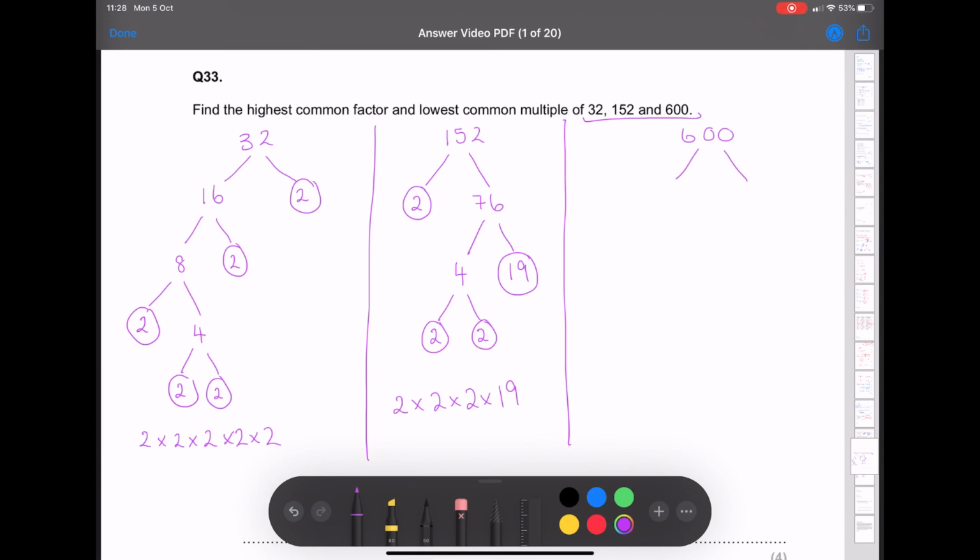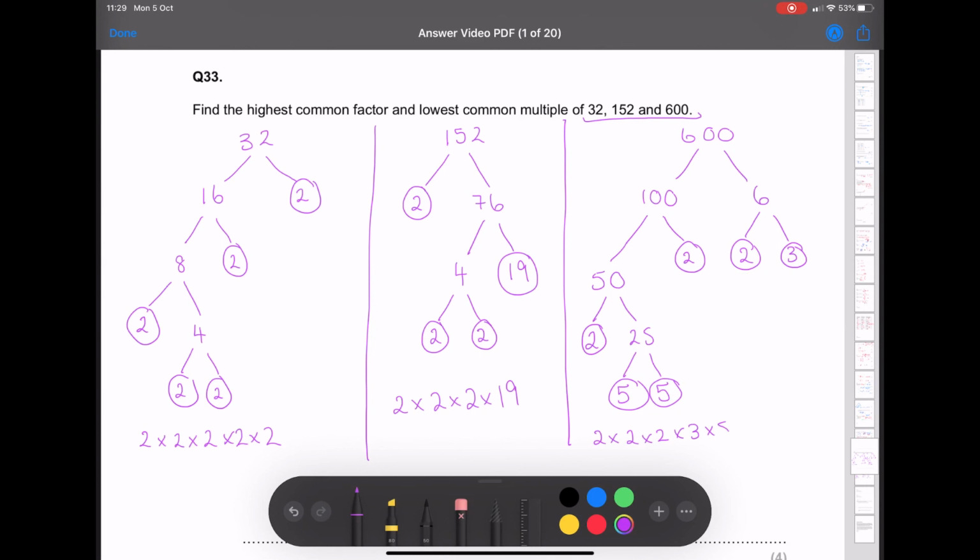And finally, 600: 600 divided by 100 gives me 6. 6 divided by 2 is 3. 100 divided by 2 is 50. 50 divided by 2 is 25. 25 divided by 5 is 5. So here we have 2 times 2 times 2 times 3 times 5 times 5.